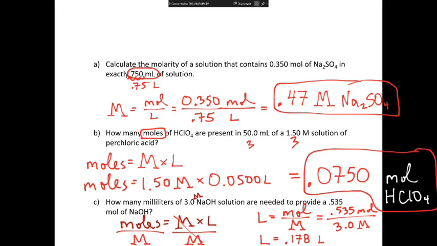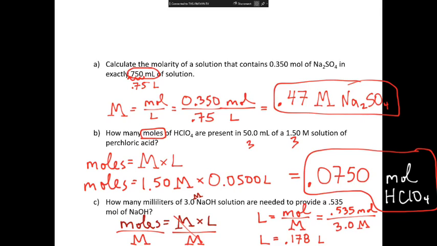And also I'll go with just 2 sig figs. So 178 milliliters becomes 180 milliliters for my answer, just because they asked for it to be in milliliters. If they just say what volume do you need, you might as well just leave it in liters. But they asked for milliliters, and as you realize doing the lab, a lot of times it's more useful to measure these smaller amounts in milliliters.